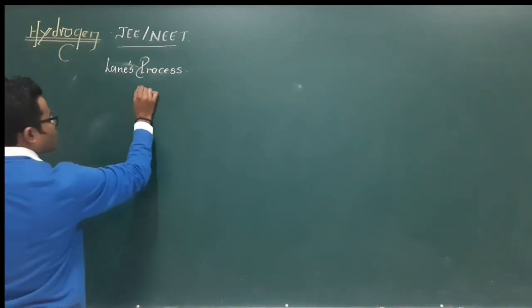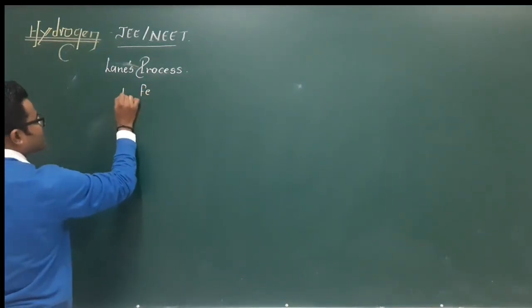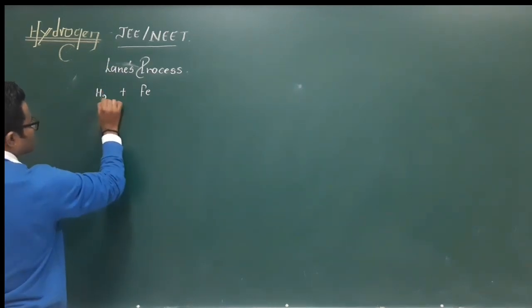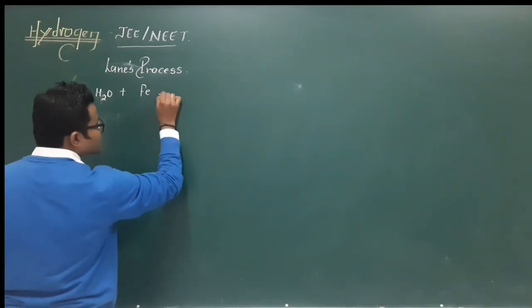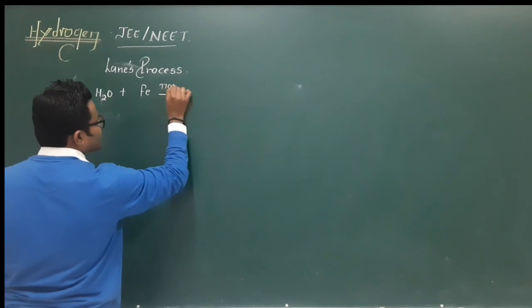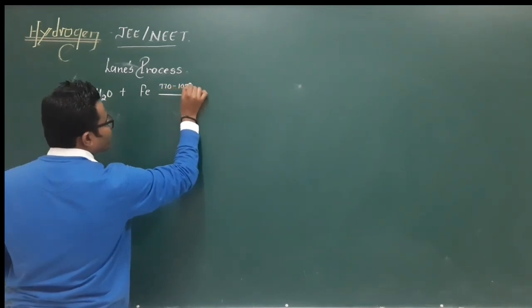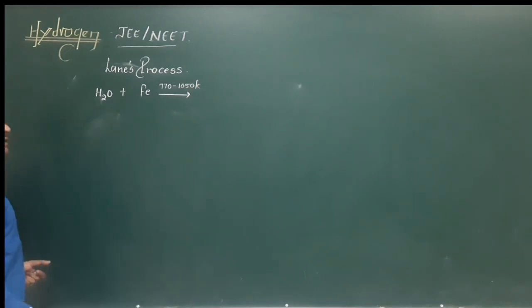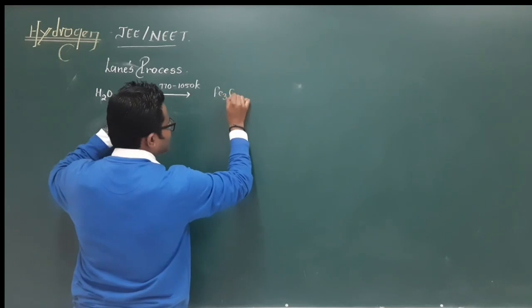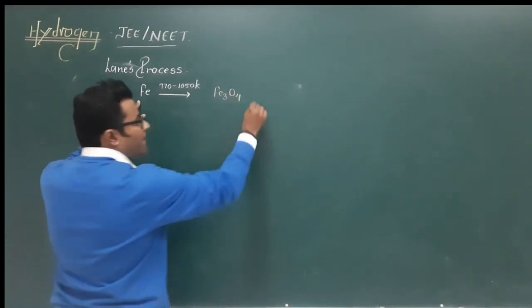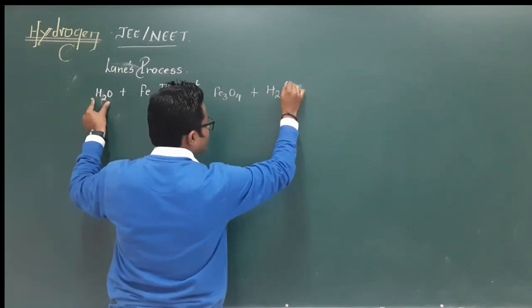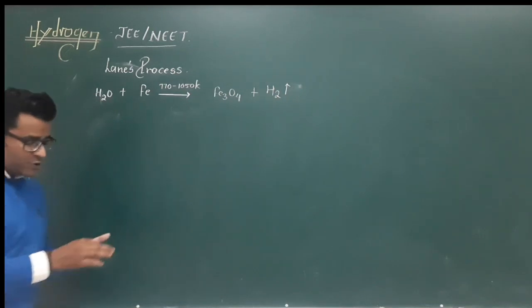This spongy iron is reacted with steam at a very high temperature, varying from 770 kelvins to 1050 kelvins. Here the iron gets oxidized to Fe3O4 plus hydrogen. Of course, the reaction is not balanced.